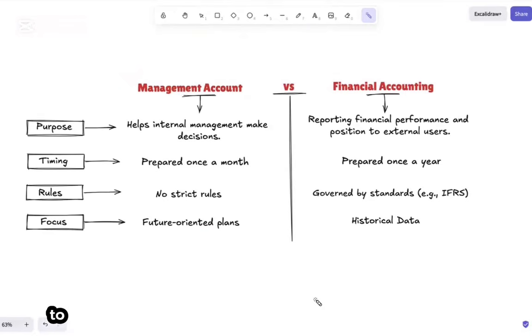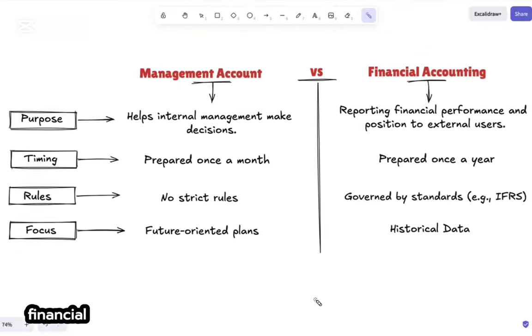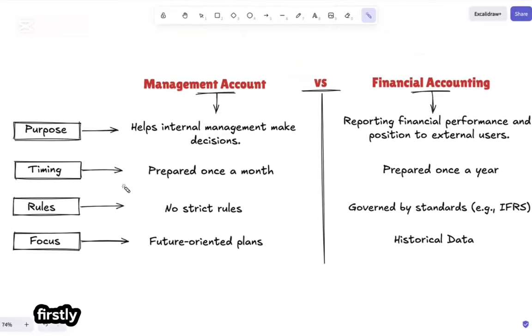We have to differentiate between management and financial accounting. Firstly, let's look at the purposes. Management accounting helps internal management make decisions, while financial accounting helps external users like governments, investors, and other external stakeholders.